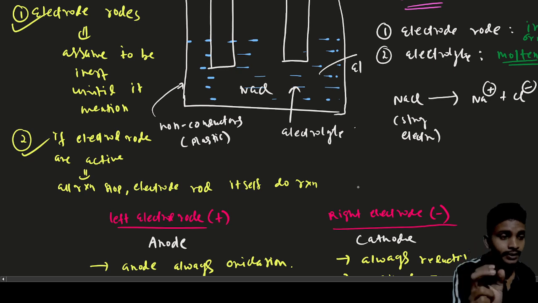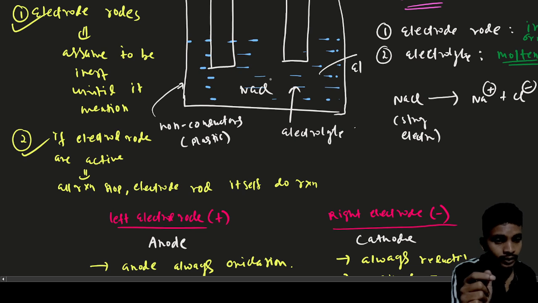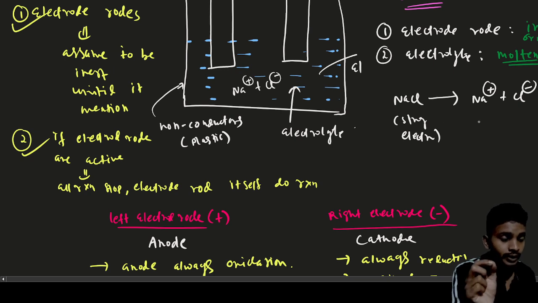Electrolytic cell means discharge of ions, so they will discharge their charge.